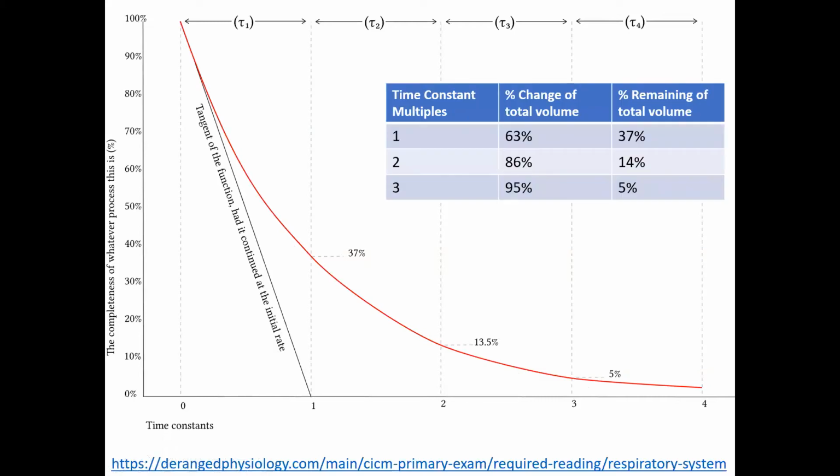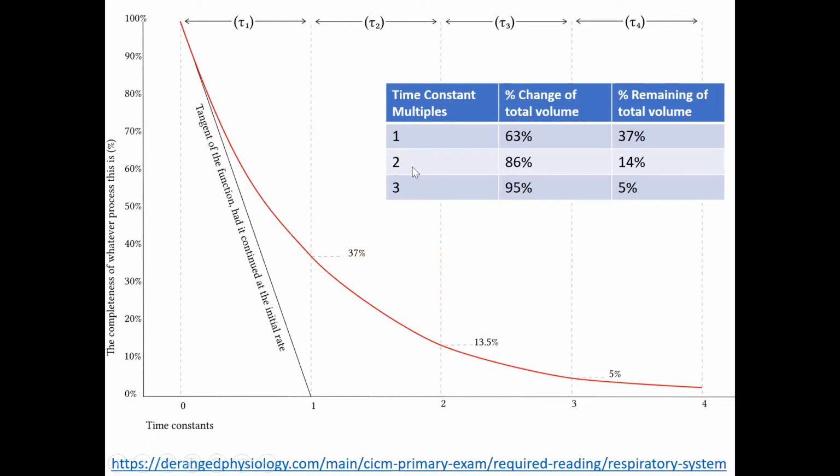This table shows you the same numbers. After 1 tau, the volume is down by 63%, with 37% remaining. After 2 times tau, the patient would have exhaled 86% of the initial volume and would have 14% of volume remaining in the lungs.